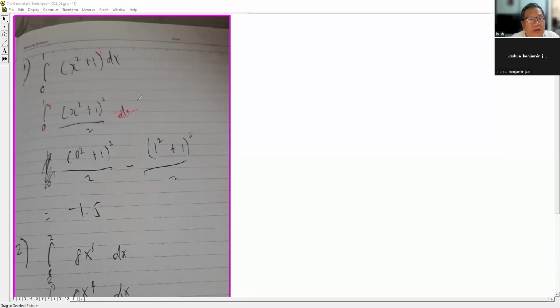So you cannot integrate directly like this. Earlier on, you can, because whatever is inside the bracket is power 1, right? So cannot do like this. Actually, it's very simple. Integrate x squared become x cubed over 3. Then integrate 1 become x, that's all. Because there's no power there, so you just integrate directly like this.